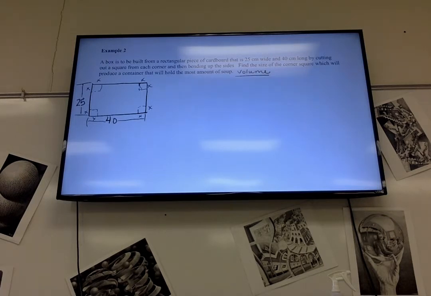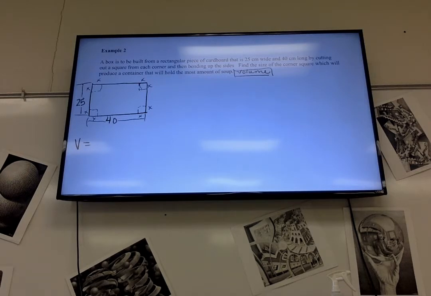Okay, that's step 2. Step 3, write a primary equation that represents the quantity that is to be optimized. So we're trying to optimize what? The volume. Volume of this box when you fold it up is length times width times height.